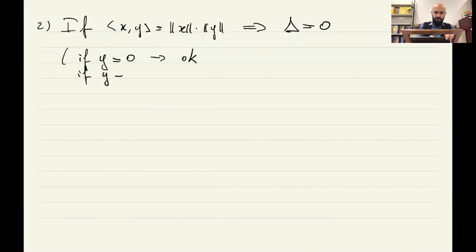So if y is different than 0, then g is a non-constant quadratic polynomial.